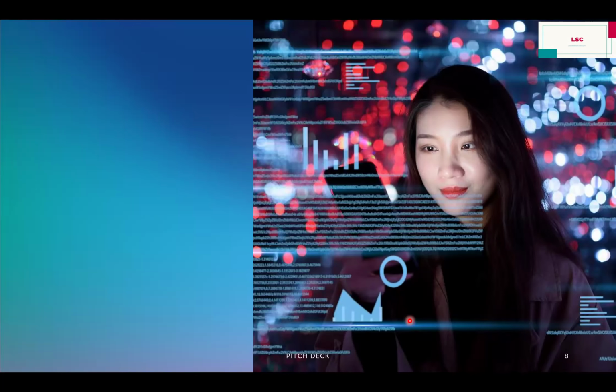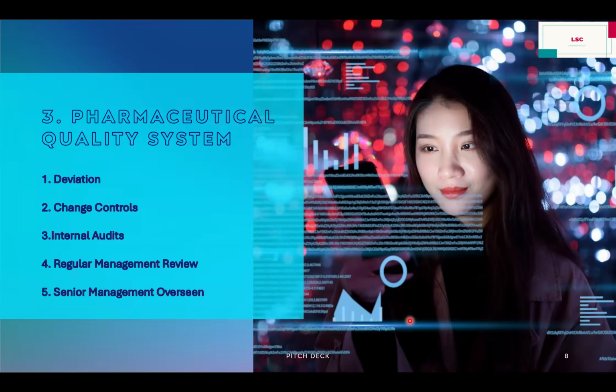Now the third one is pharmaceutical quality system. We all know very well that with production, manufacturing, tech transfer, and marketing, we have the quality system at each and every step. So why should the computerized system be left behind? Why would this not be implemented in our computerized system? Never.